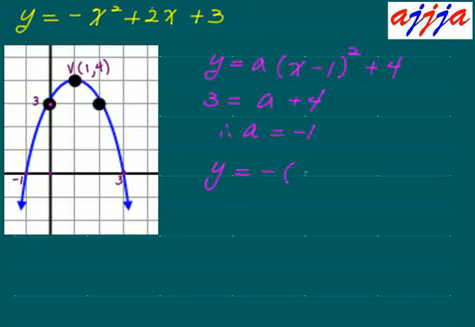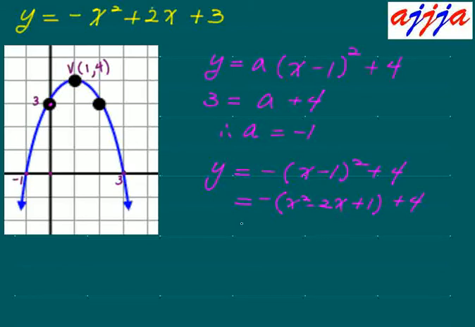Y equals negative, x minus 1 squared plus 4. Now all we have to do is simplify this one. So negative, then x minus 1 times x minus 1 is x squared, negative 2x, plus 1, then 4.